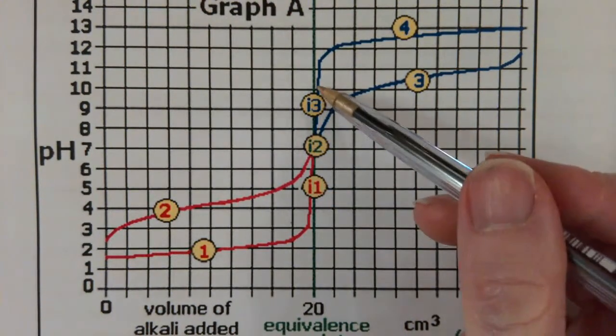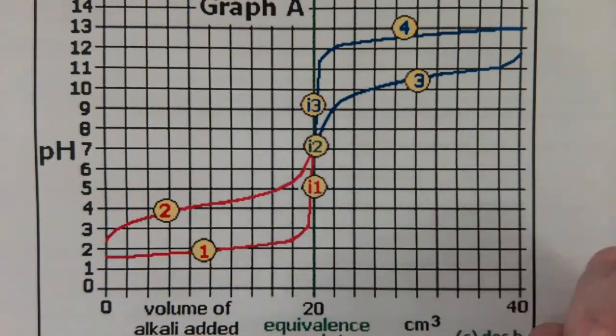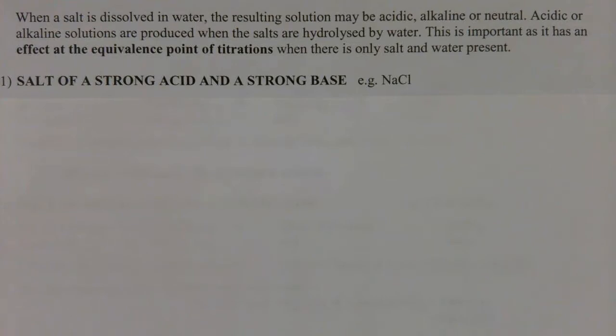In the next section, we're going to look at why the equivalence point is different for different acid-base titrations. So we have to understand what is present in the conical flask at the end of the titration. At the equivalence point, I've neutralized all my acid and I've not added any excess alkali.